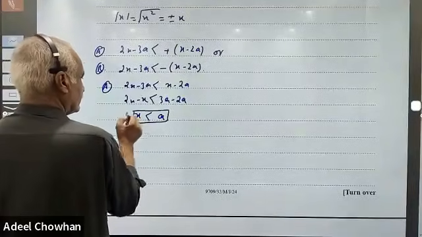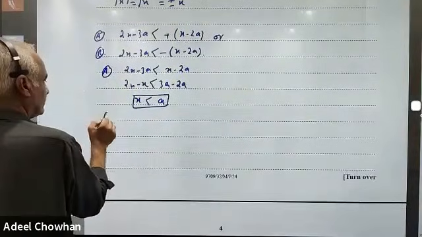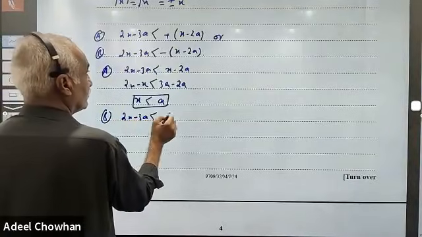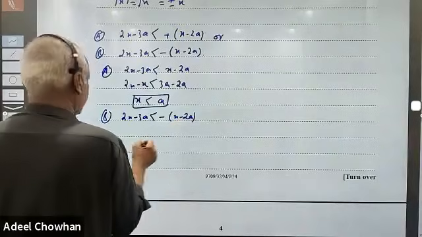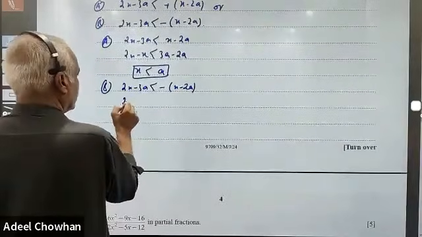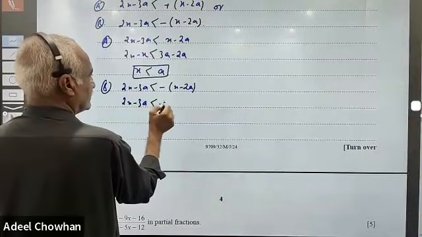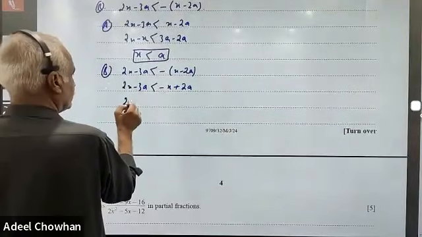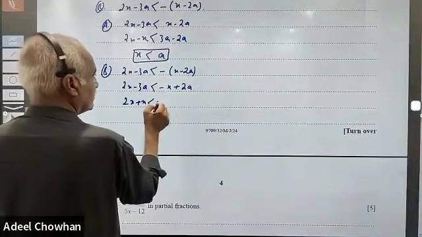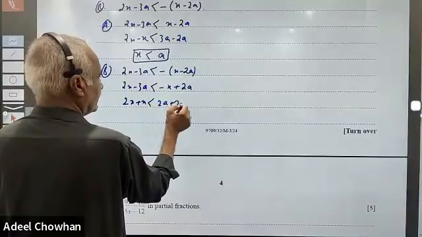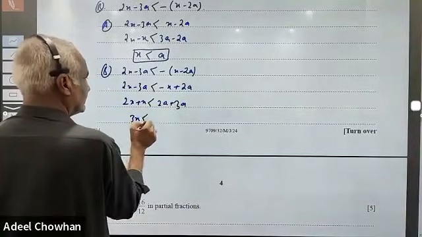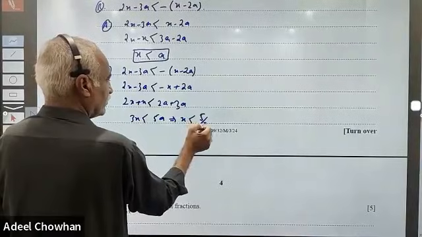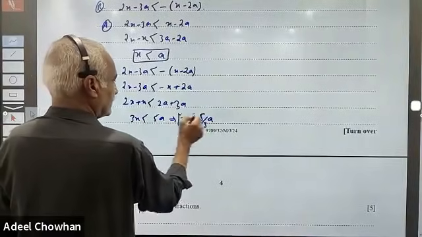For option B, 2x minus 3a is less than minus x plus 2a, or 2x plus x is less than 2a plus 3a, or 3x is less than 5a, or x is less than 5 over 3 a. So that is the second option.